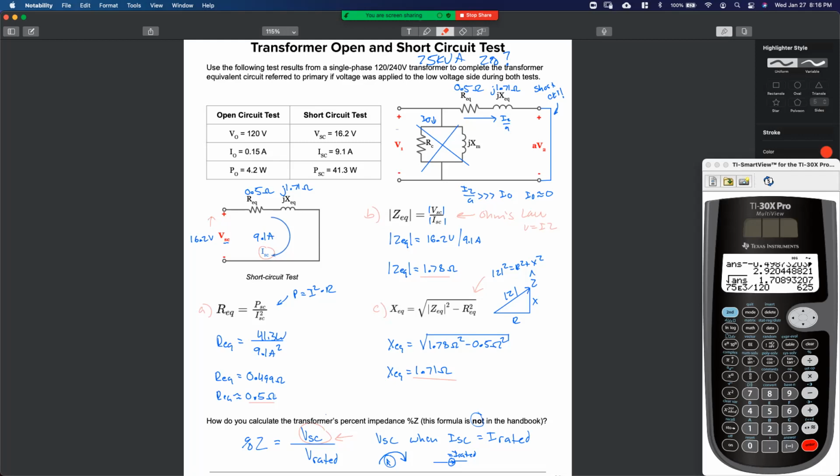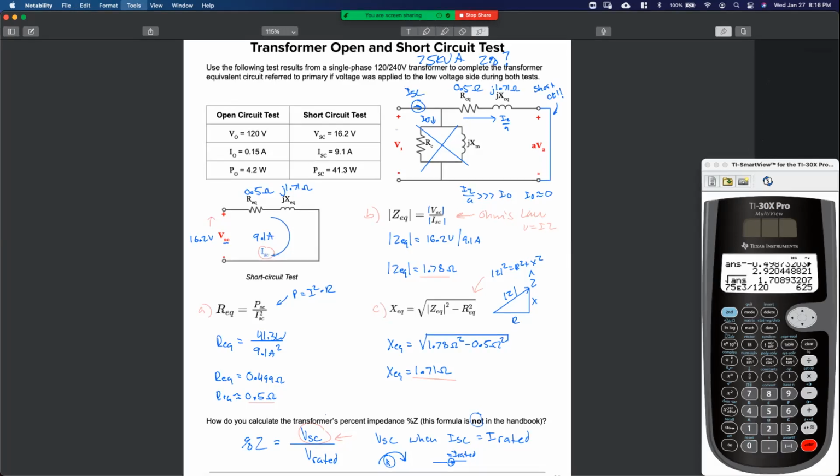All right. Marvin said, why is I rated not 750 kVA divided by 240? So we applied voltage to the low voltage side. So I'm assuming that we're measuring our amperage right here. In other words, this is I short circuit.